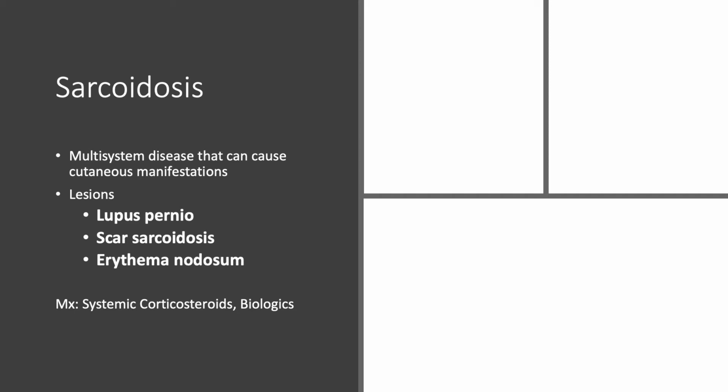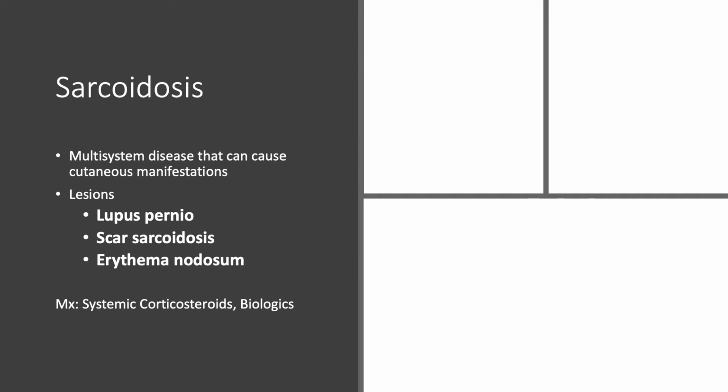So the next respiratory condition that I'd like to talk about that has dermatologic manifestations is sarcoidosis. Now, sarcoidosis is a multi-system disease, and it's quite complicated, and I would not have enough time to discuss it in detail in this one masterclass, so I'm just going to focus on cutaneous manifestations of it.